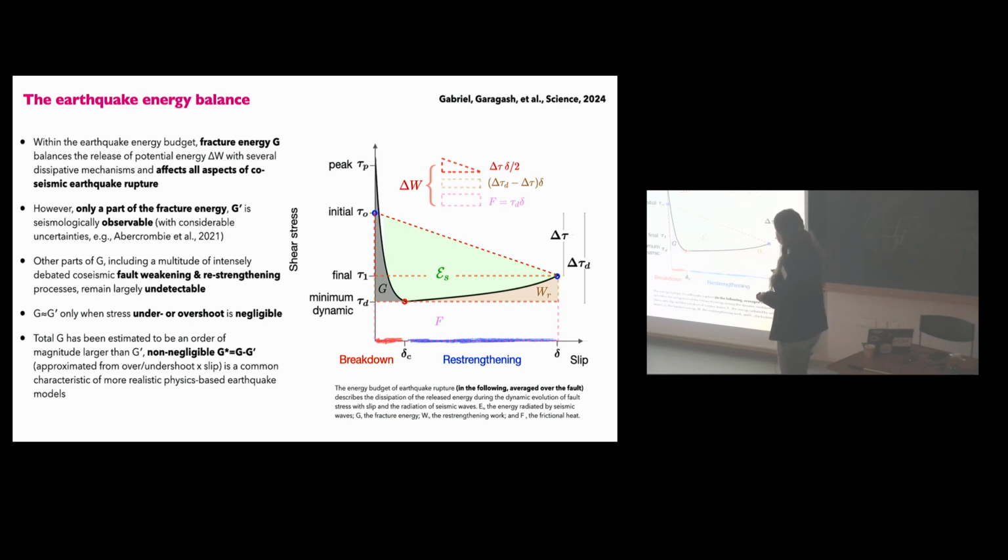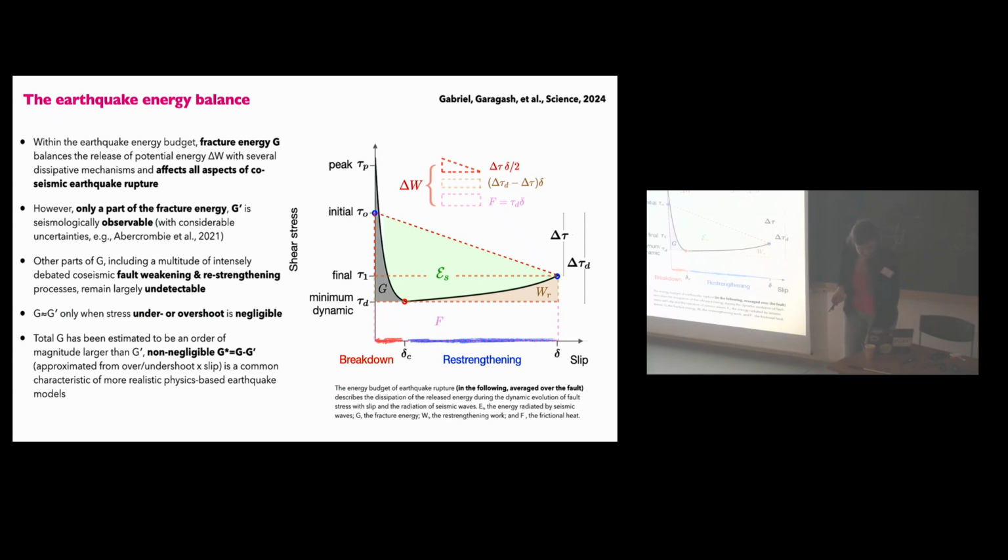This is co-seismic re-strengthening, causing this to not end up at the same level in terms of shear stress. And you could also think about this line continuing in this direction. The total G, total fracture energy, has been, in previous work by Dimitri, estimated to be an order of magnitude larger than what we see. So an order of magnitude larger that's missing. So that would be a non-negligible difference.